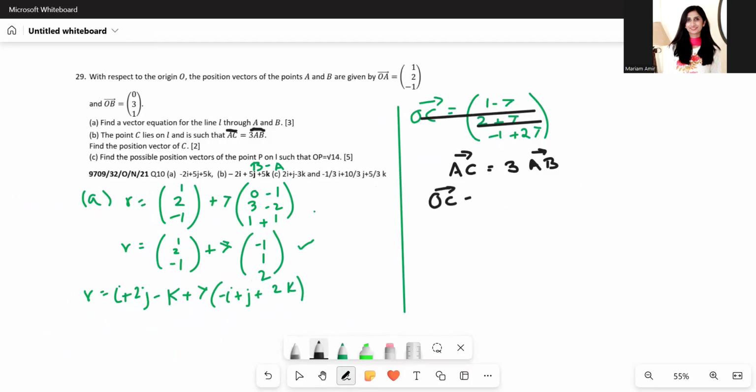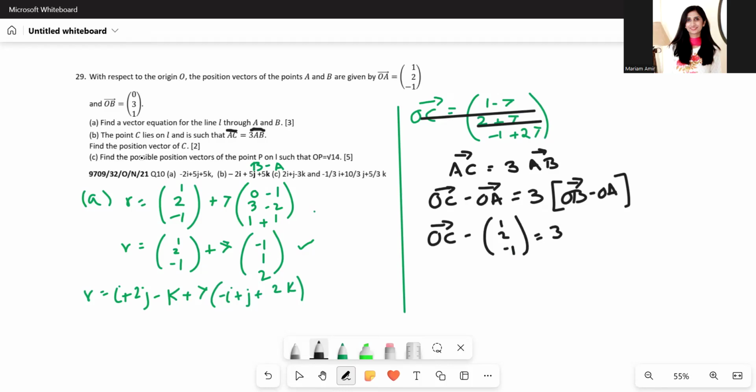OC minus OA equals 3 times (OB minus OA). So we need to make OC the subject. OC minus (1, 2, -1) is equal to 3 times B minus A, which we already did here, which was this, (-1, 1, 2).